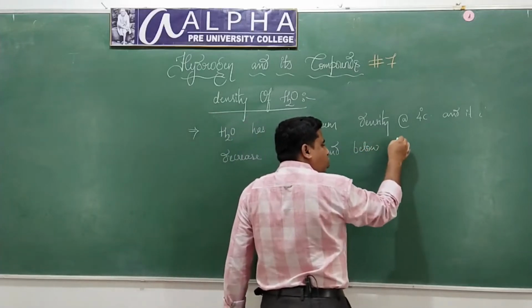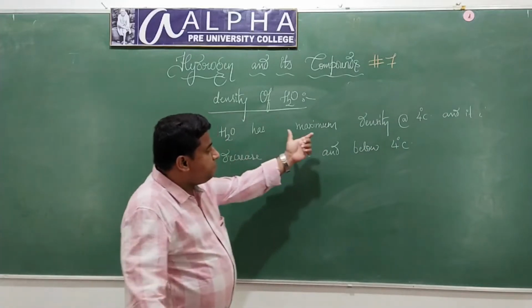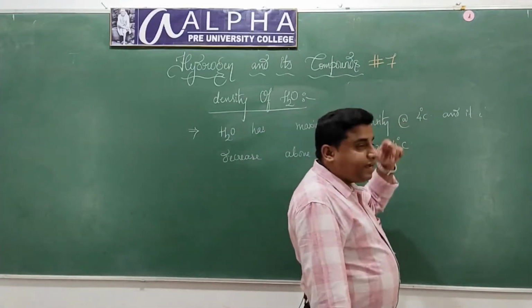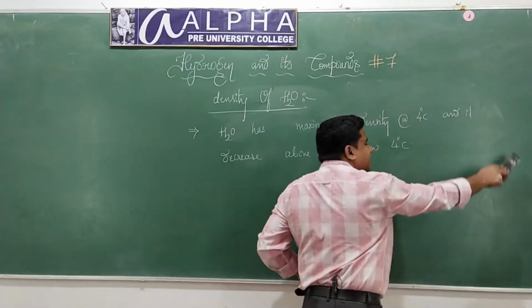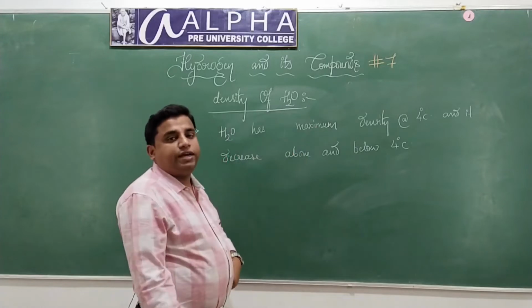Water has maximum density at what temperature? 4 degrees centigrade, and it decreases above 4 degrees centigrade and below 4 degrees centigrade.